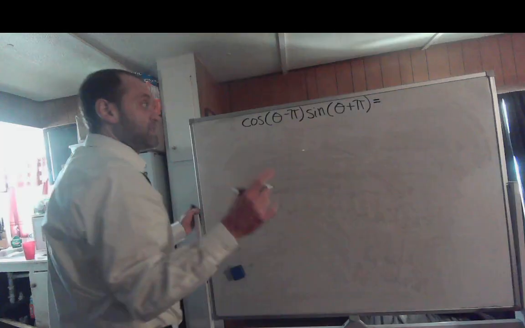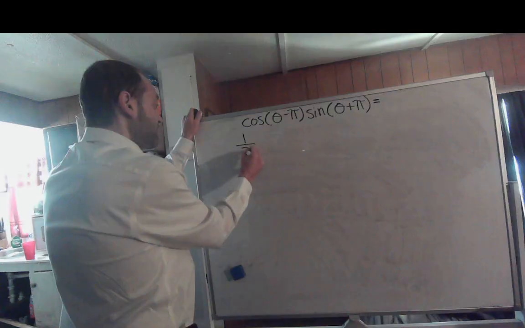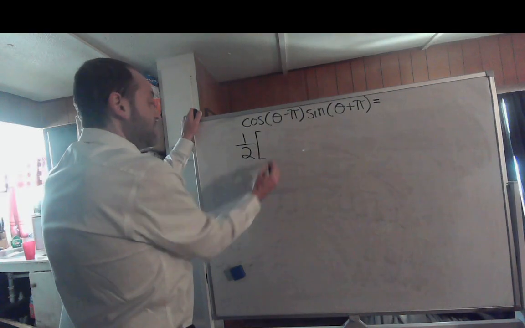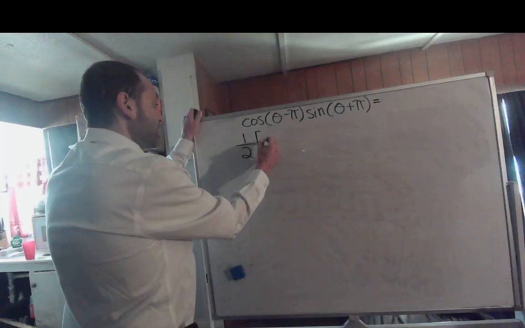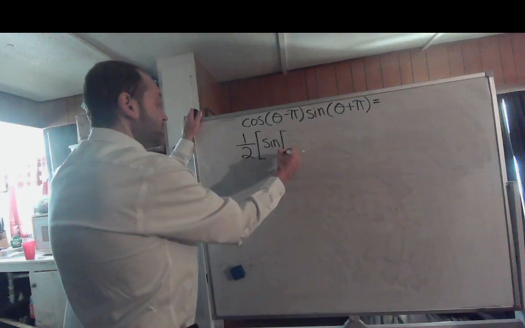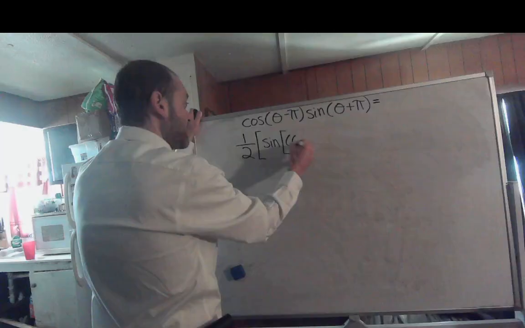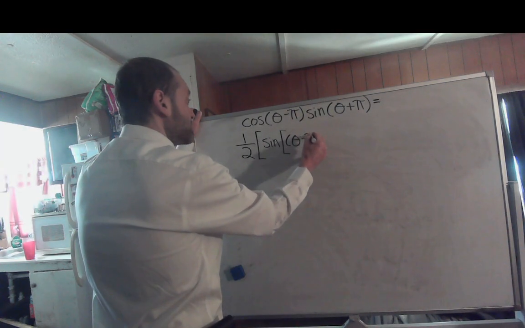But nonetheless, the product of sum formula for cosine times sine is going to be 1/2 of the quantity of the sine of these two quantities subtracted. So that'd be the sine of theta minus pi.